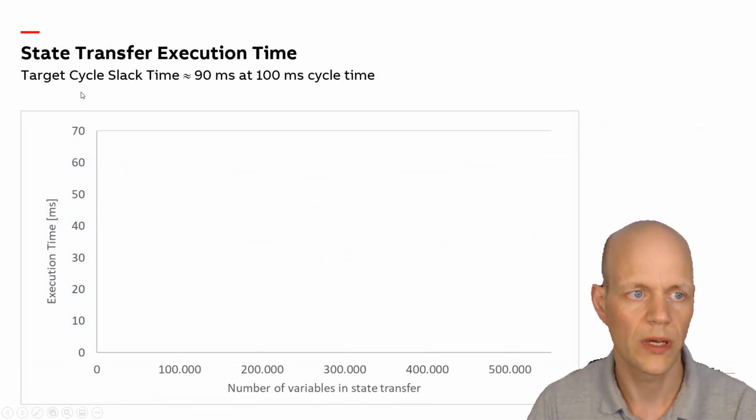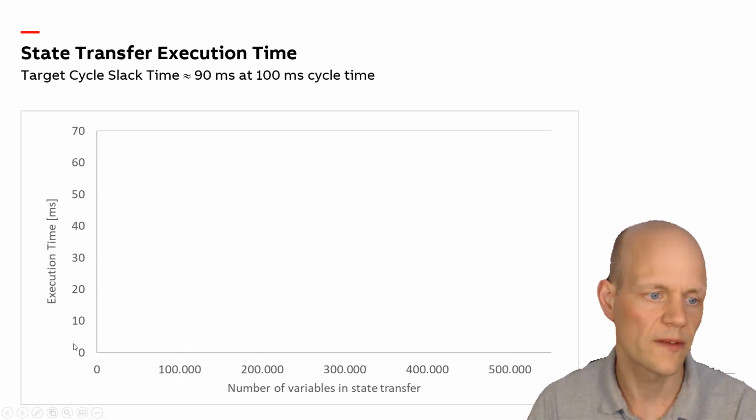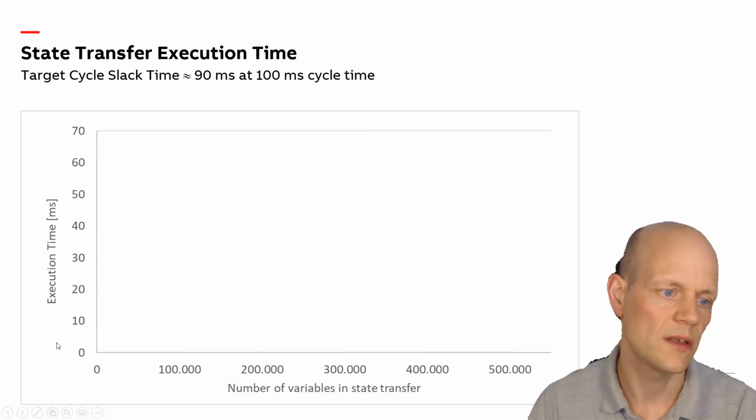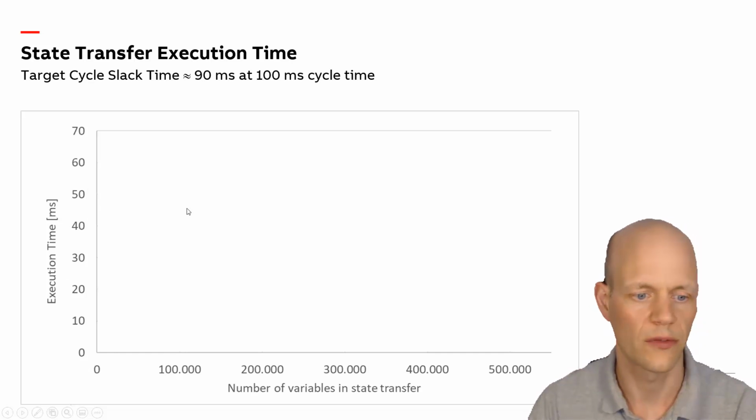And now we look at the state transfer time that we achieved. As I said, we had a target cycle time of roughly 90 milliseconds at 100 millisecond cycle time. And you see here the number of variables in the state transfer we used in the experiments in our engine, and then also the execution time of the state transfer.